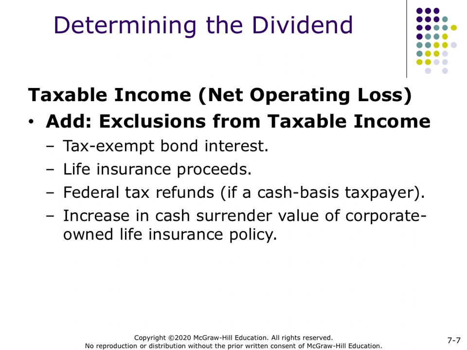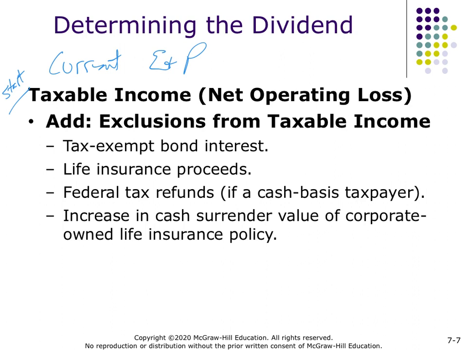All right, so again, we're computing current earnings and profits. Okay, so this is your starting place. All right, and then we're going to add things that were excluded from taxable income.